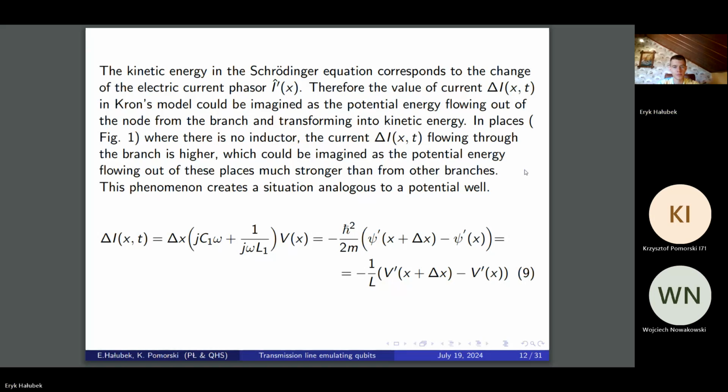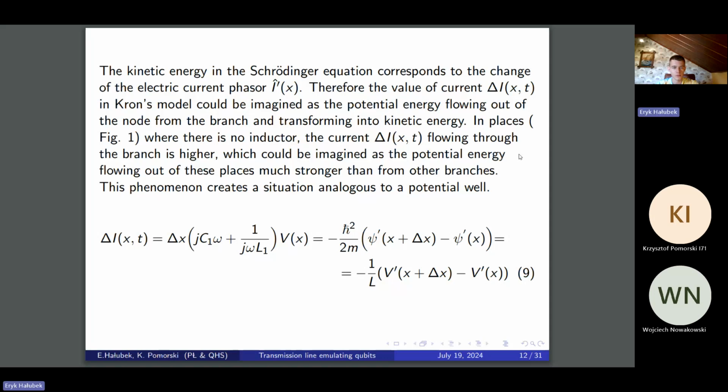It's because when we have no inductor, the current delta I of x flowing through its branch is higher. In the circuits that we created it doesn't have to be like that, because it depends on the value of this inductance. But using the values of inductances that we applied, it would be like that.